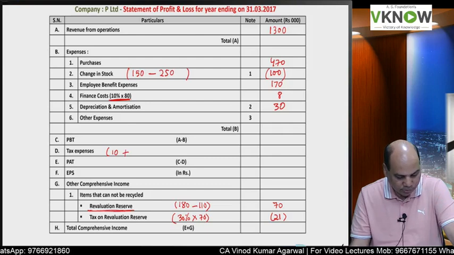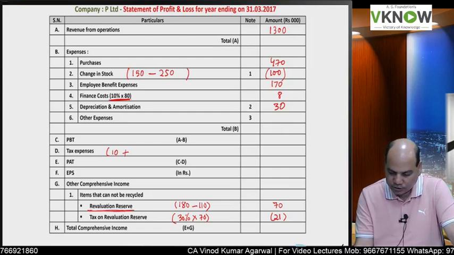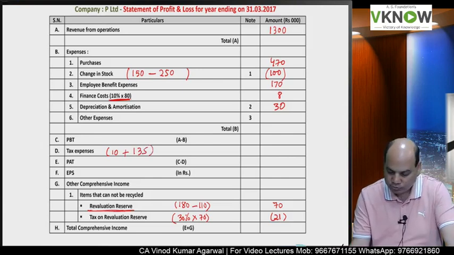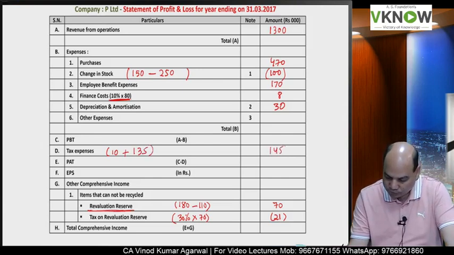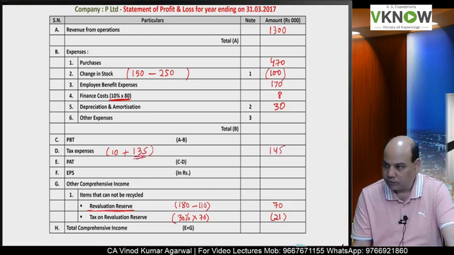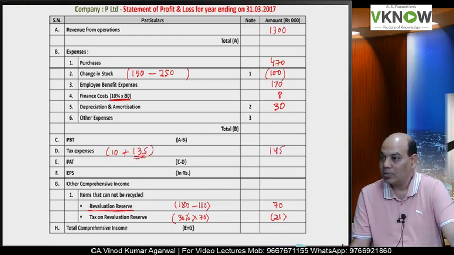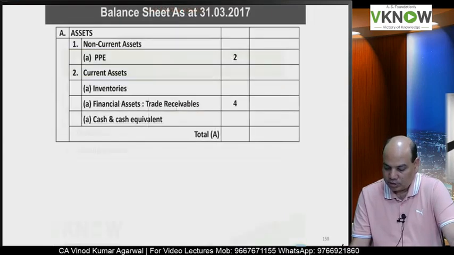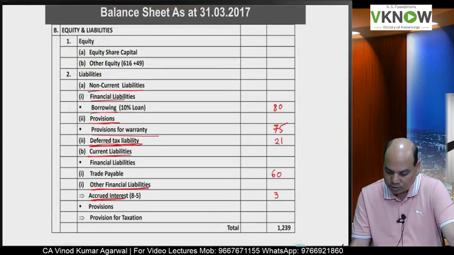Adjustment number 4, income tax are estimated at 1,35,000. On the screen, P&L account tax expense 10 plus 135. So how much it comes to? 145. And what will you do with this 135, which is not in the trial balance? Balance sheet, current liability, provision for tax.